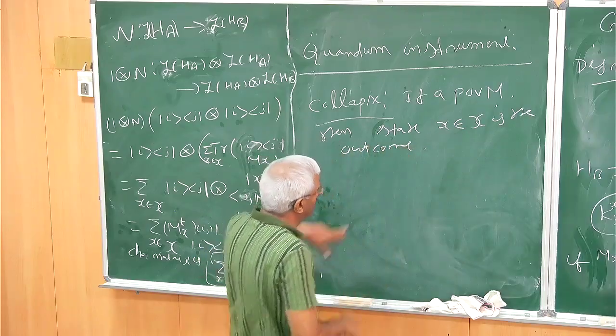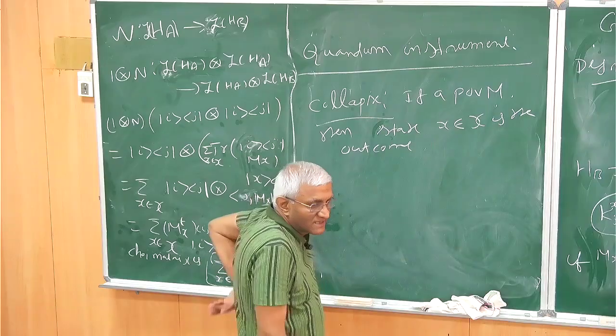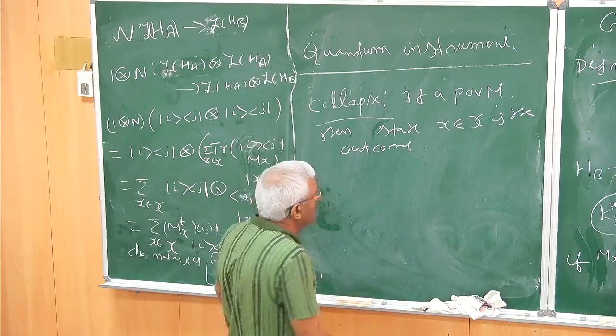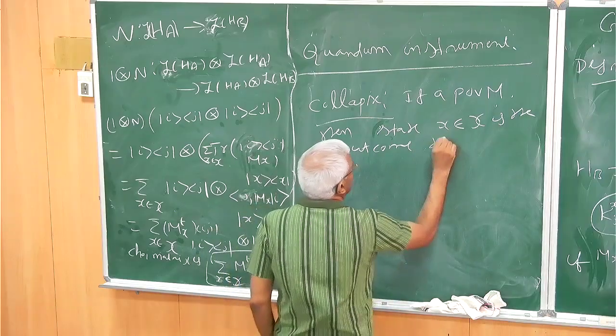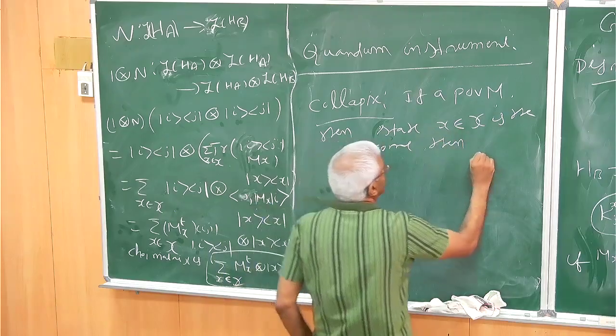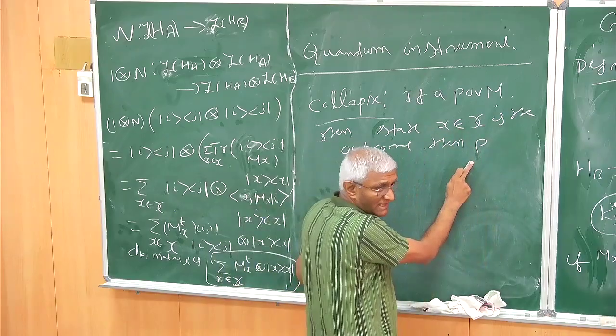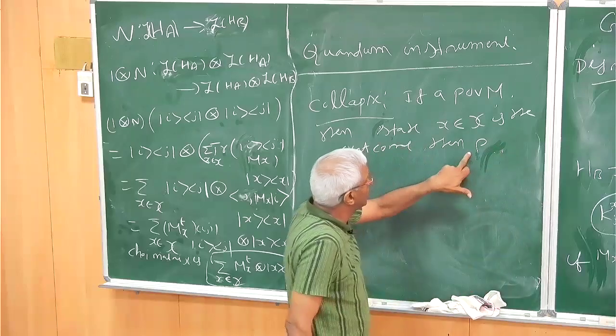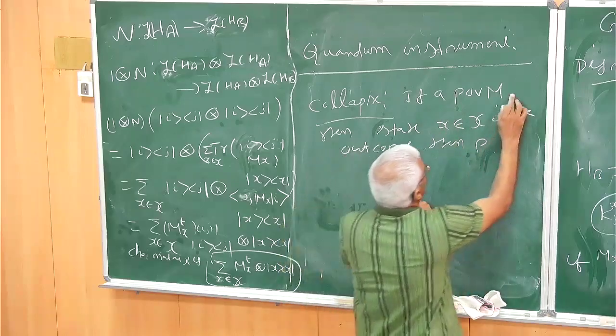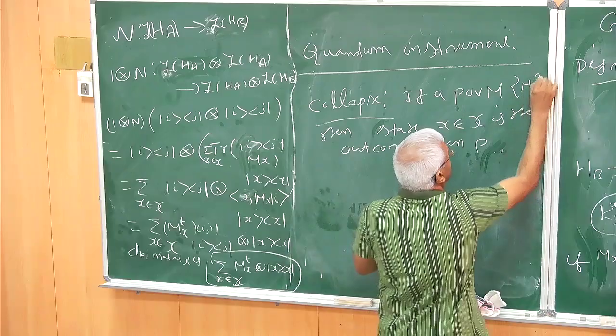We are not going to use it now, but this outcome we will use when we construct channels. So x is the outcome. Then rho collapses; we are measuring rho with respect to this Mx.